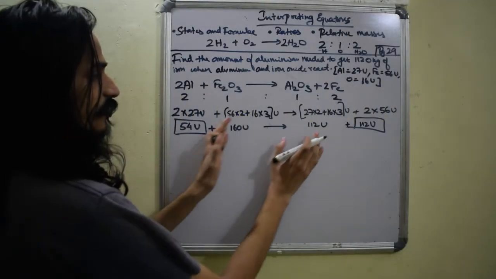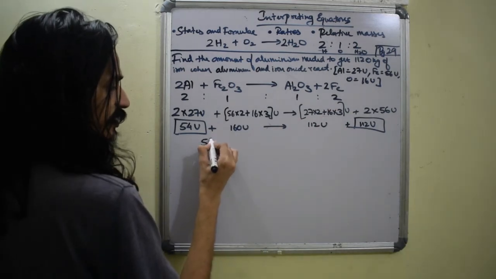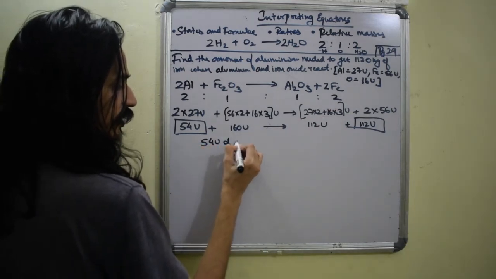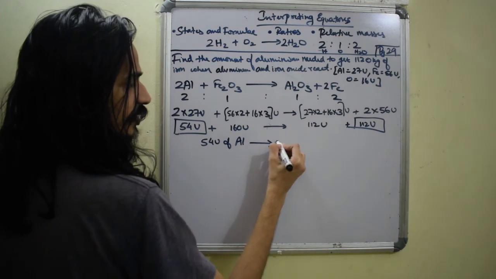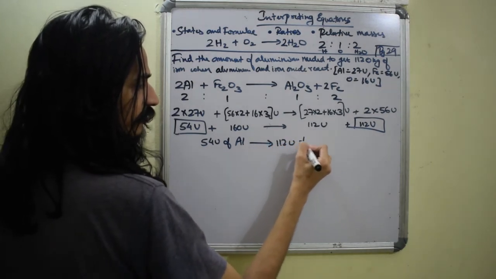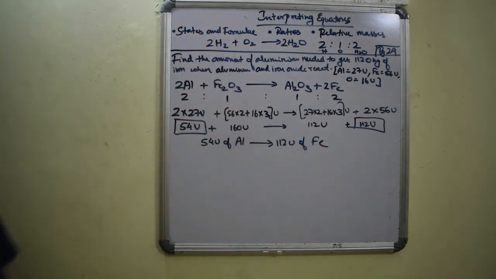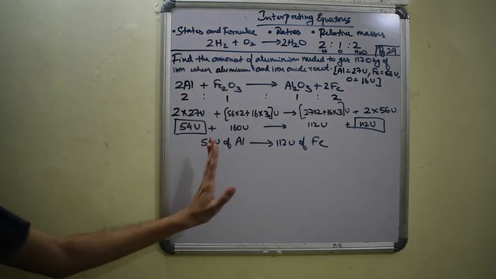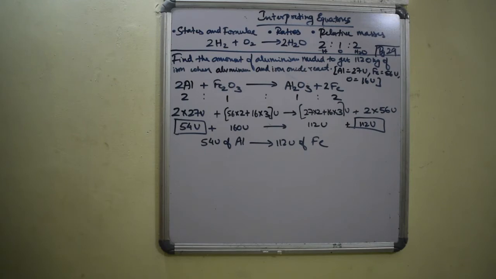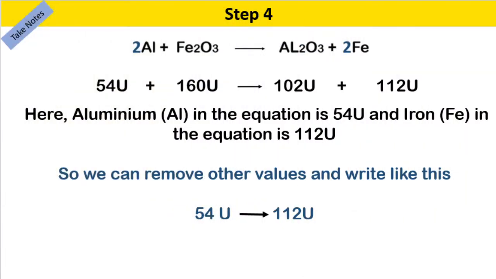Now I can simplify the equation by removing these two. I can say 54 U of aluminum will give me 112 U of iron. Simply put, through this reaction, not a direct reaction, 54 U of aluminum gives 112 U of iron.